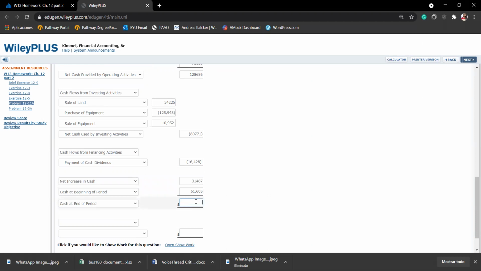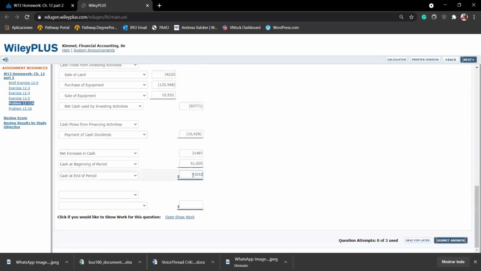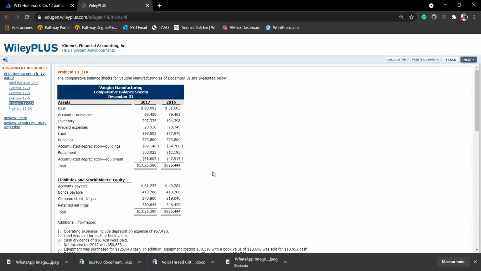And this amount is this one. And I can say that these operations are well done because this amount needs to be equal to this amount, the ending cash of the year.